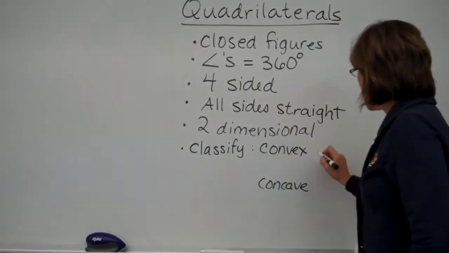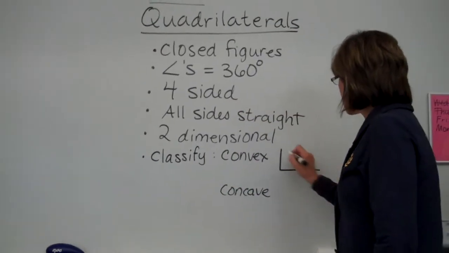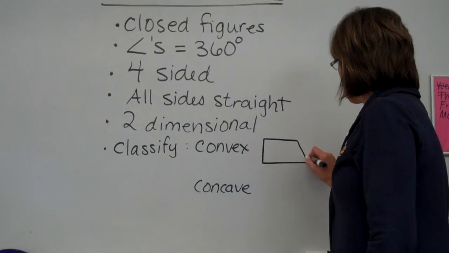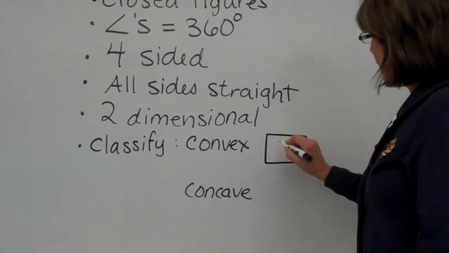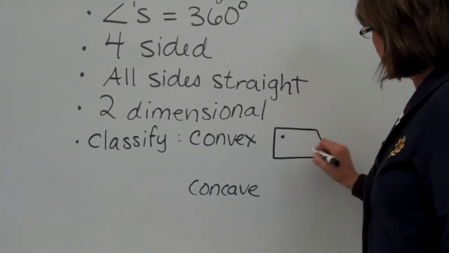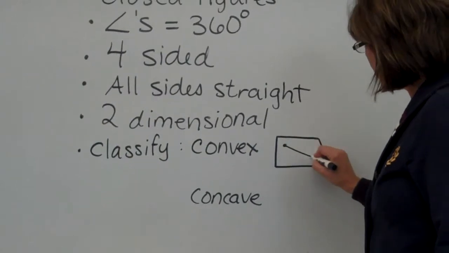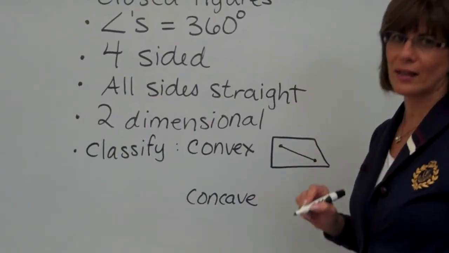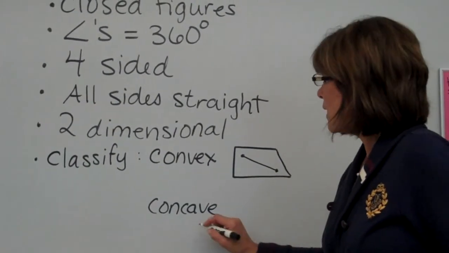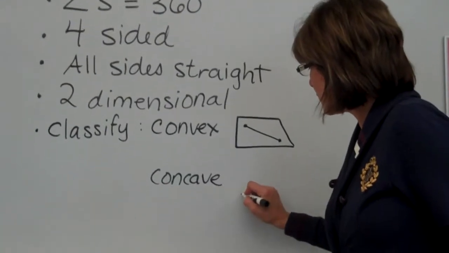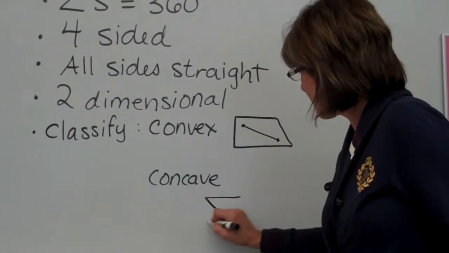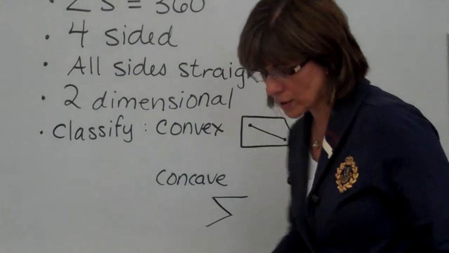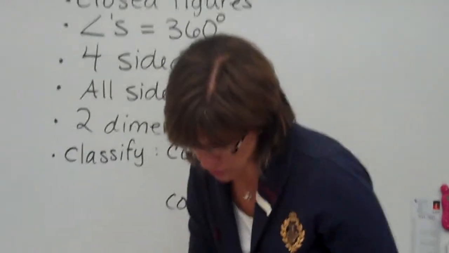So for example, if I drew this, that has 4 sides, any point I draw that's from one point to another is going to go inside that quadrilateral. But if I drew it like this, that's not going to work. Let me just get my picture here.